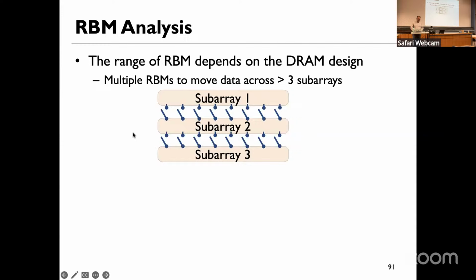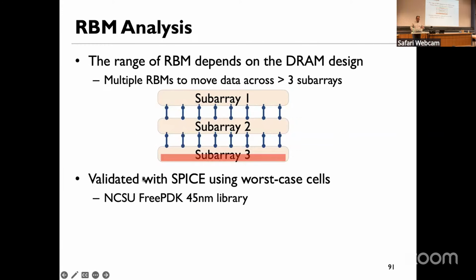If you want to move data from subarray 1 to a subarray quite far away, you can do multiple RBM operations: you copy from subarray 1 to subarray 3, and since subarray 3 is connected also to subarray 5, for example, you then do subarray 3 to subarray 5.